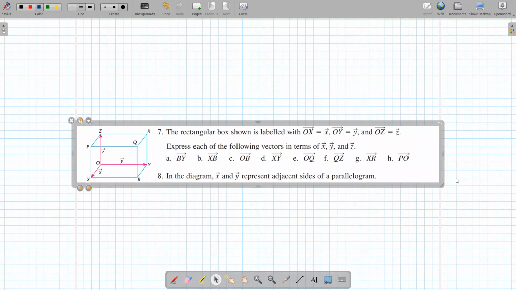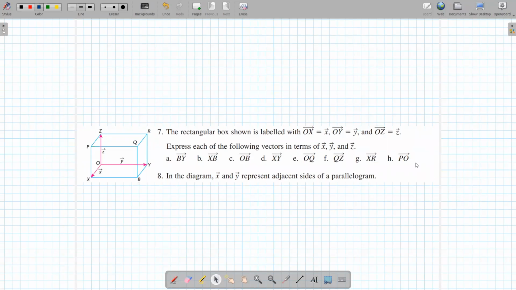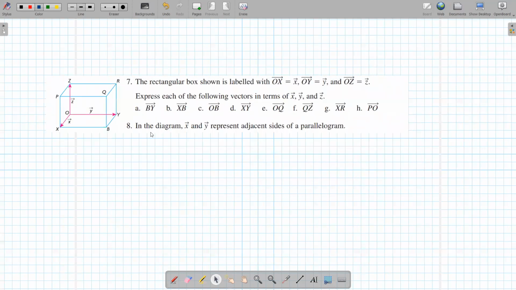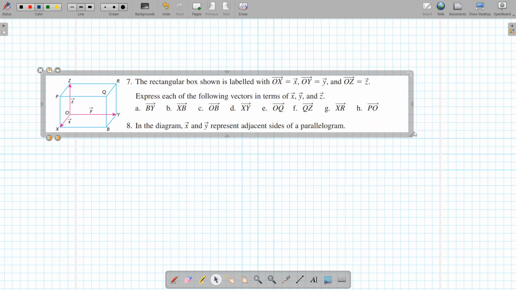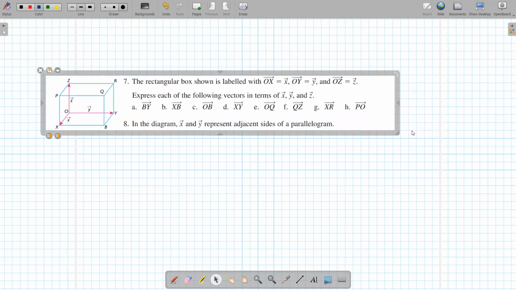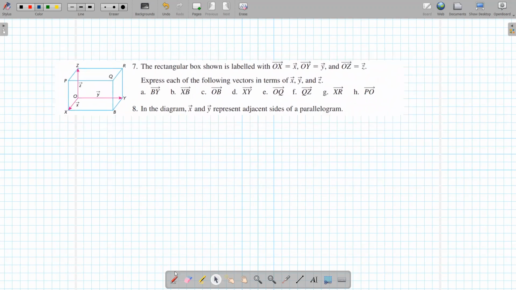So they've given us 3 vectors in terms of X, Y, Z, and then we need to express everything else in that. You understand the question? What's BY in terms of X, Y, or Z, or any combination?